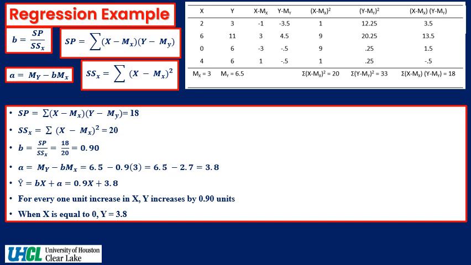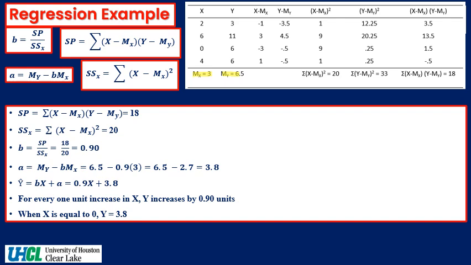Okay, so we have all of our x's, and you can see down here they've summed. The mean of x is 3. They added those up, divided by 4, and got a mean of 3. They did the same thing for y, and we have a mean of y of 6.5. Then in this column, I take x and subtract from it the mean of x.